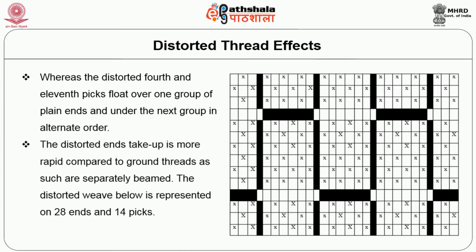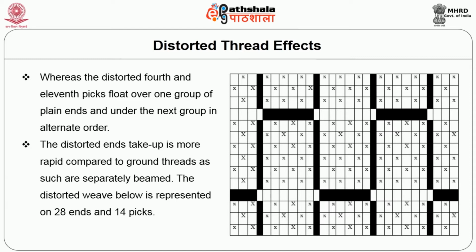The distorted ends take up more warp compared to the ground threads. As such, they are placed in a separate beam. The distorted weave below is represented on 28 ends and 14 picks. So in this weave, you can see that the 4th and 11th ends are the distorted ends, and similarly the 4th and 11th picks are distorted picks.